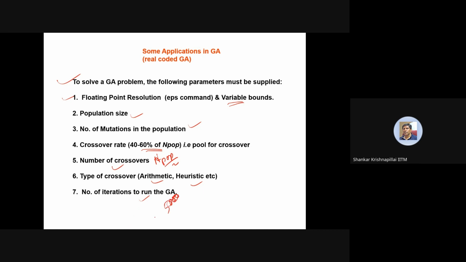It will stop after 500 iterations, and you expect it to converge within 500 iterations.